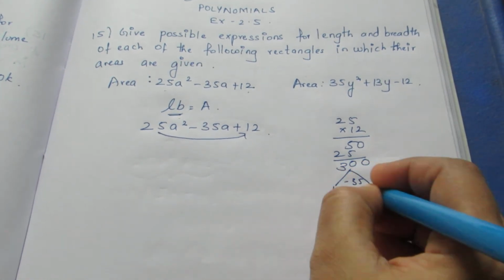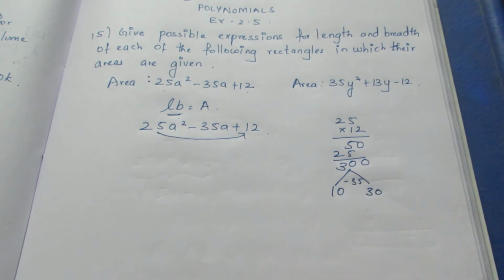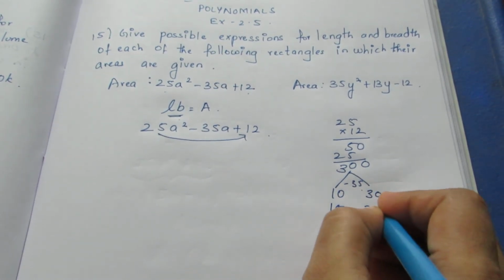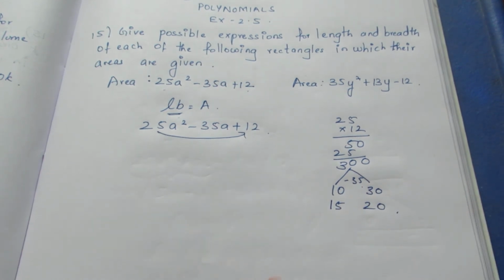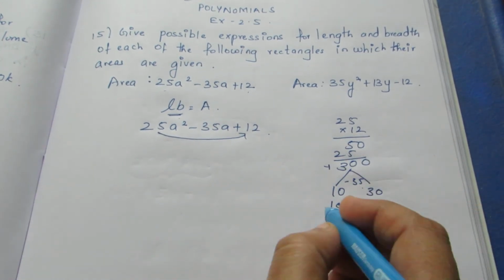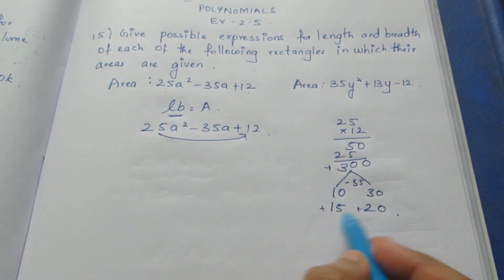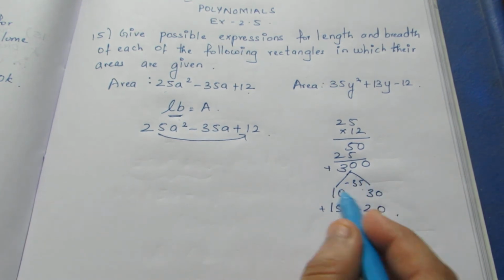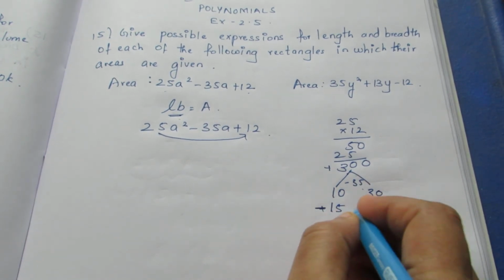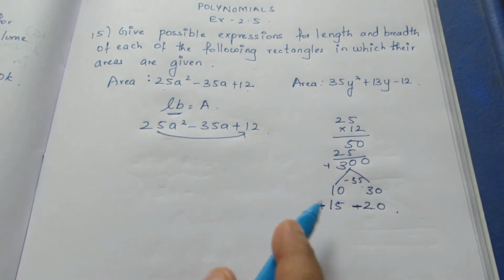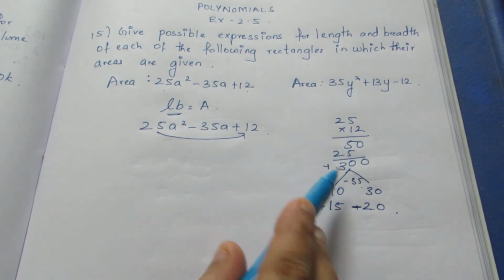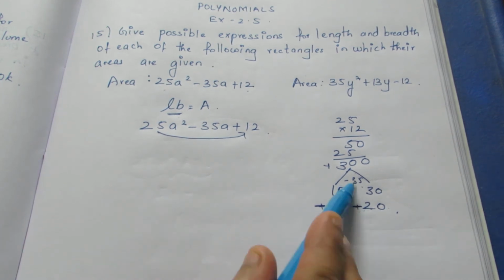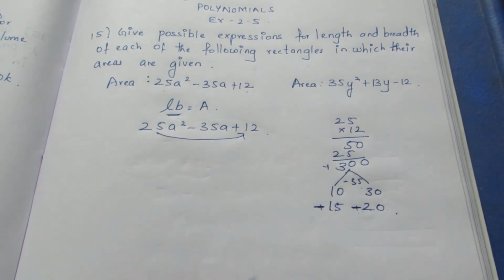If I take 10 and 30, I am not getting 35, so 15 and 20. Because here it is plus, if I multiply I get plus 300, but here it is minus 35. For that reason we should have a minus sign on both. Multiply and check: minus into minus will become plus 300. As there is a minus sign on both, we need to add. If I add, I get 35 with the greater number's sign, minus.